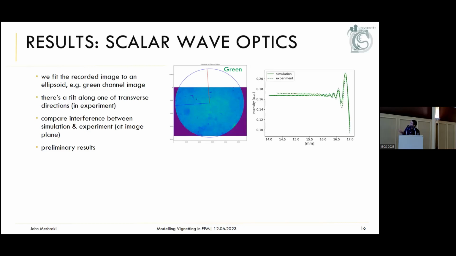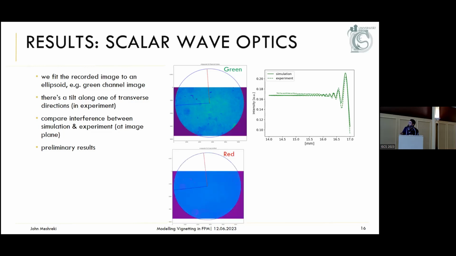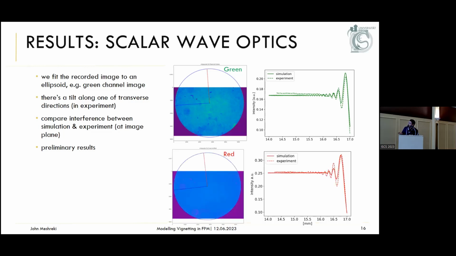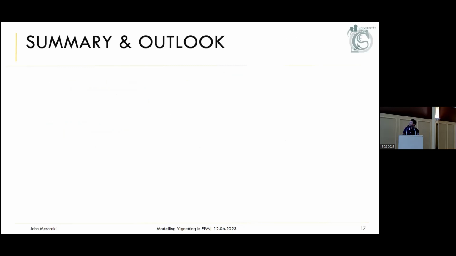Here in solid green is the simulation for the green channel, and the experiment is dashed. You can see that the position of the peaks agrees between simulation and experiment, although we still have a bit of a peak height difference between them. As another example, red: again, except for the difference in the peak heights, we have a perfect or almost perfect matching between the positions of the peaks.